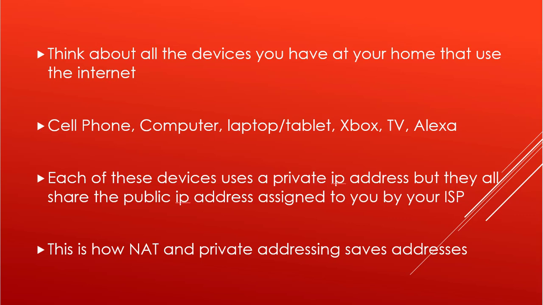So each of these devices uses a private IP address, but they all share the same public IP address assigned by your ISP. So at my house, I've got 2 consoles, 3 desktop PCs, 2 laptops, 2 tablets, and we probably have 3 cell phones. So all those devices share the same public IP address, but we all get a private IP address internally on our device. So that's how it saves addresses.